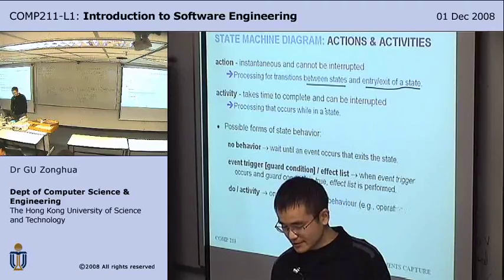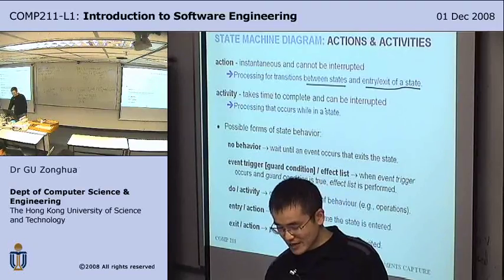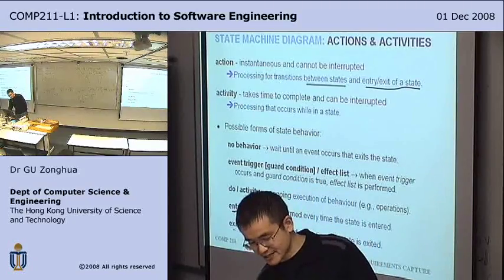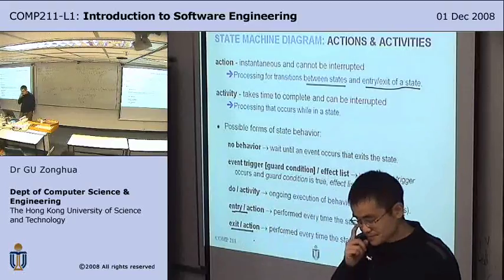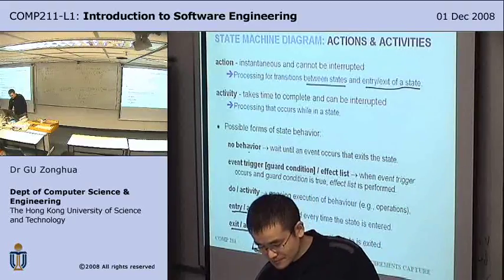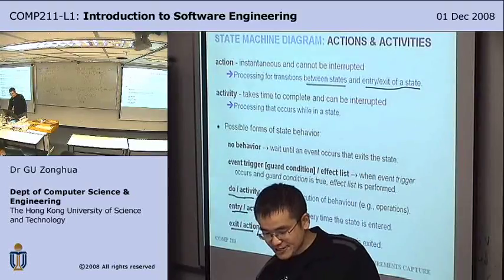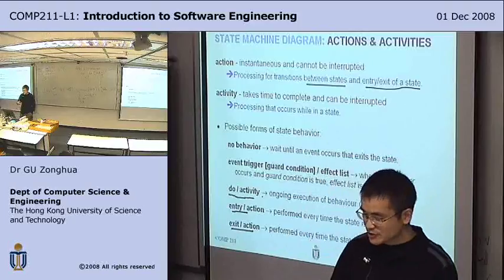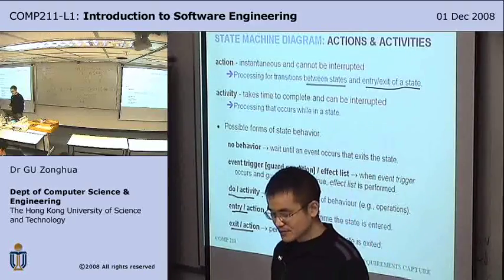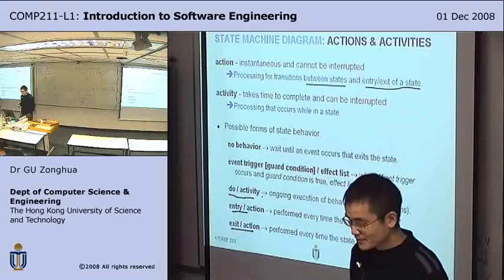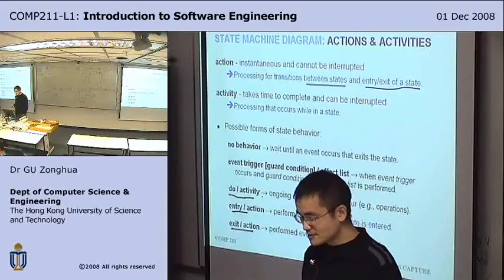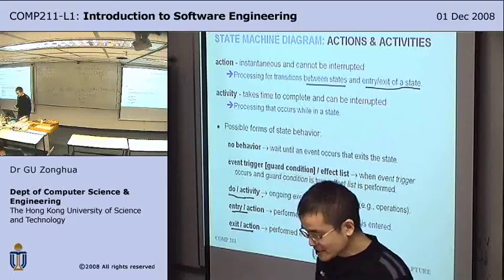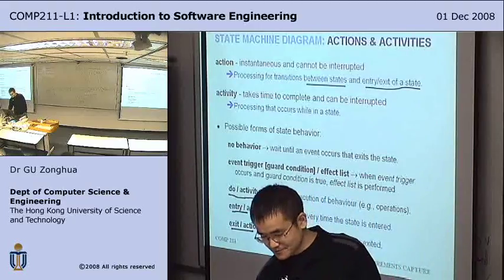So in a state, you can have entry action, exit action. Do activity means that you're doing this particular activity continuously while you are in the state. It can be very time consuming, and when you're done, there's an automatic transition, you should get out of this state.